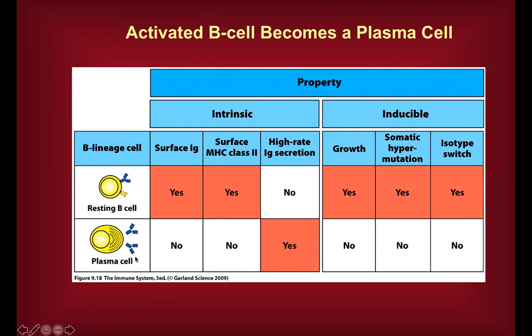And then a plasma cell has nothing except the ability to produce antibody. And you can't really isotype switch. Isotype switching is when it switches the type of antibody it makes. And once a plasma cell is directed to produce antibody against a specific antigen, it just pumps them out. So you can see how it becomes very, very specialized very quickly. So from B cell to plasma cell.